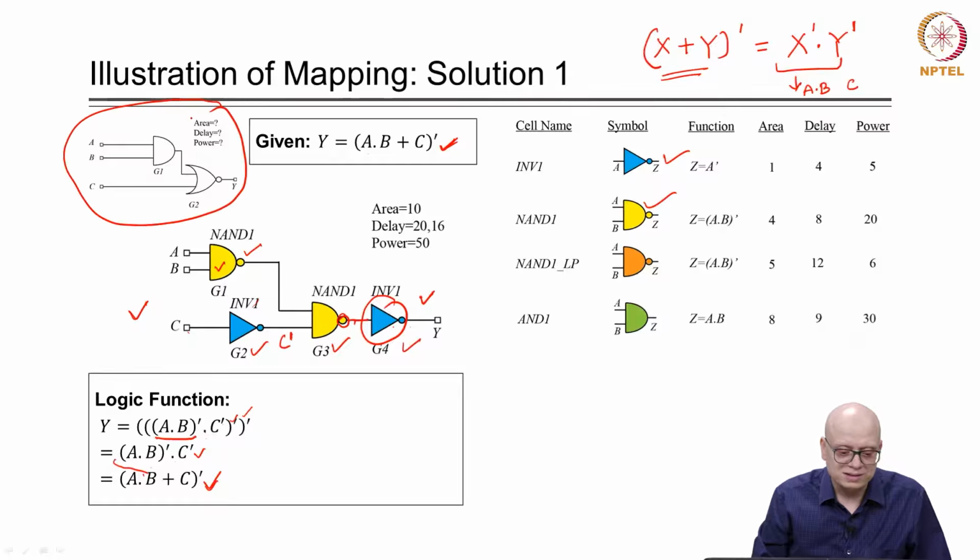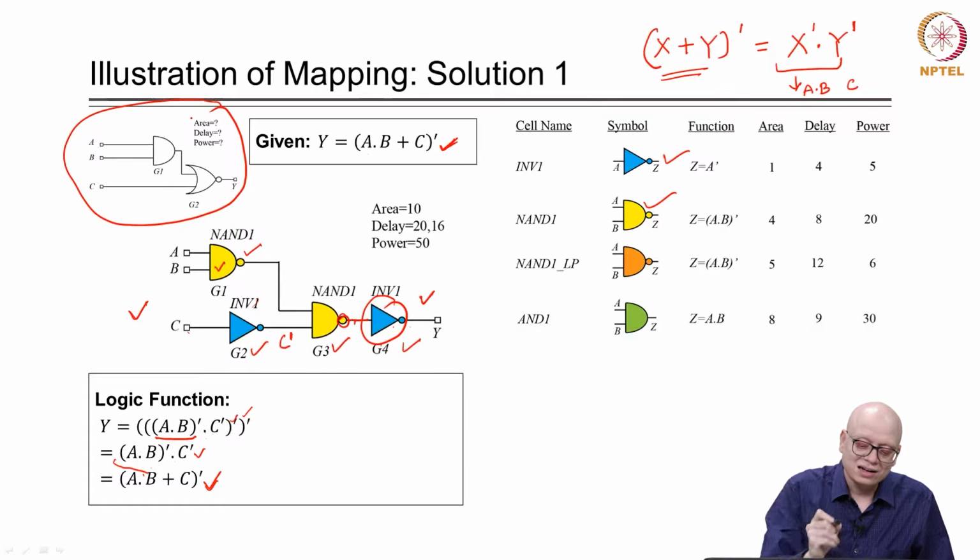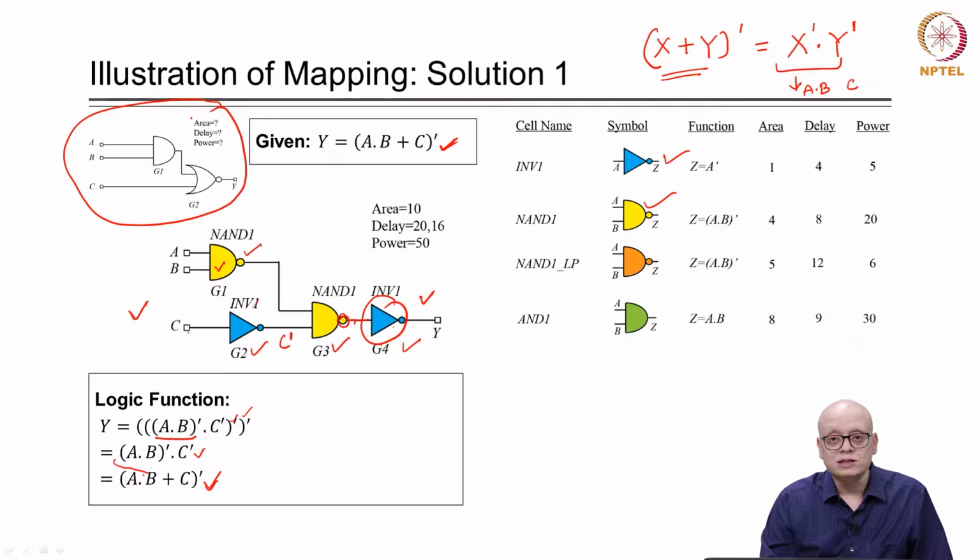So from this analysis we can establish that the functionality delivered by the unmapped netlist and the mapped netlist are both the same.